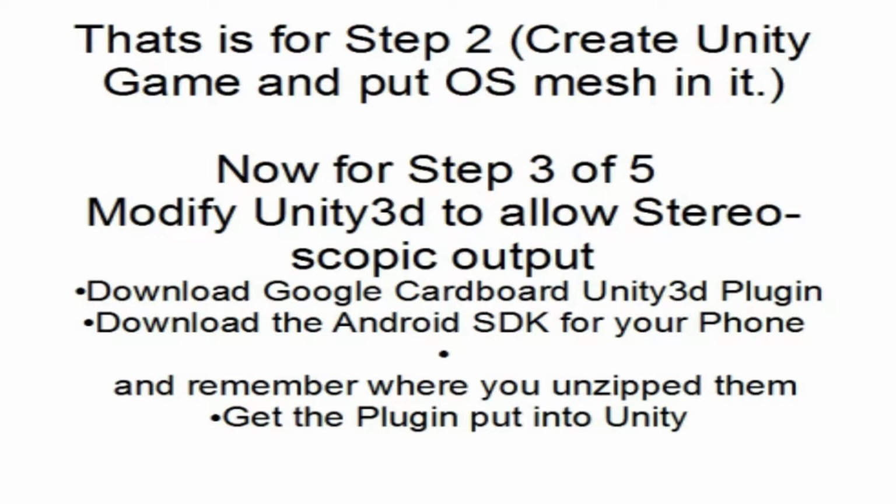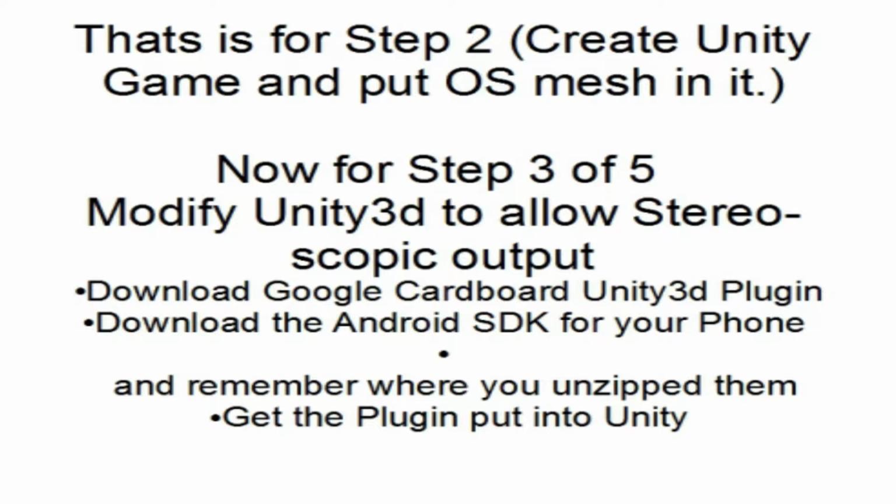All right. So I downloaded the Cardboard plugin, and now I have to add it to my game. Similarly to adding game elements, you go up to the menu and you click add.